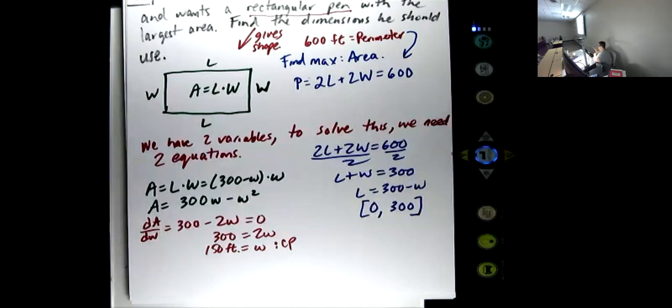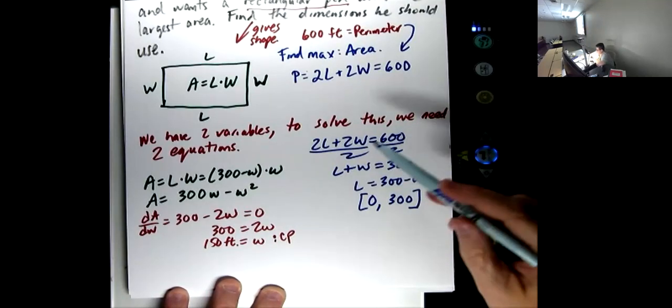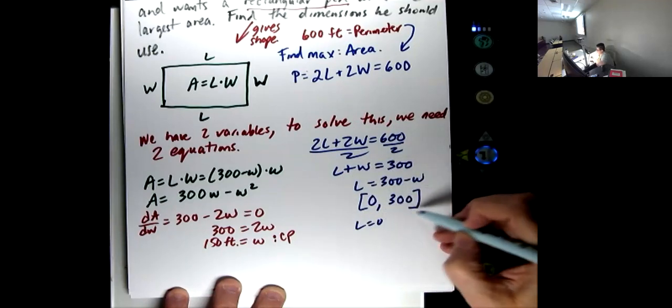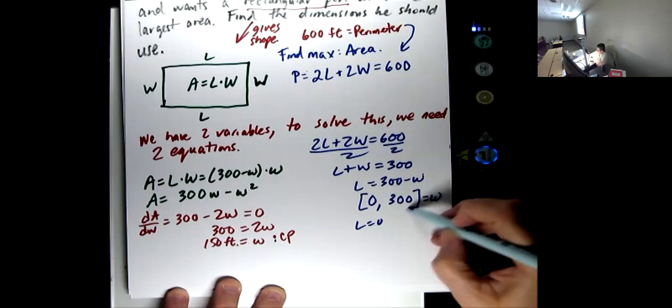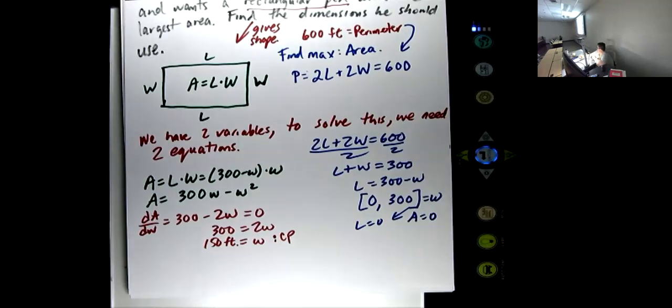If we have either of those, that is a rectangle of no length. Length equals 0. We didn't save any fencing, right? If we use either 0 or 300 for W, what's left over for L is 0, which means area equals 0, and that's not what we want.